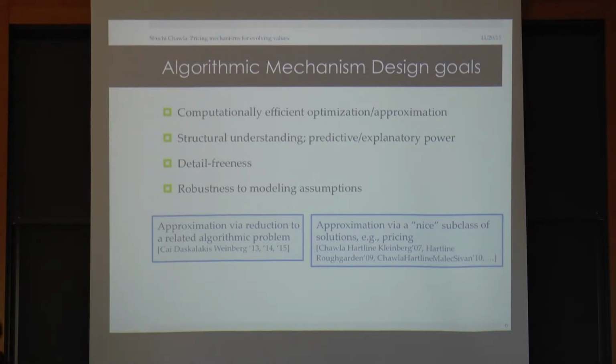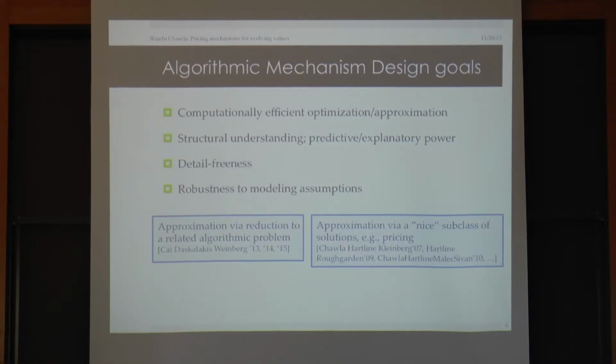So one is a framework for optimizing problems for algorithmic approaches to mechanism design, and this is a very broad framework. What it basically shows is you can take a mechanism design problem and convert it into an algorithmic problem over a related objective.